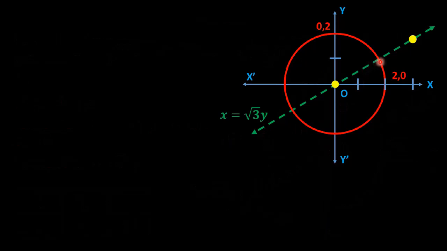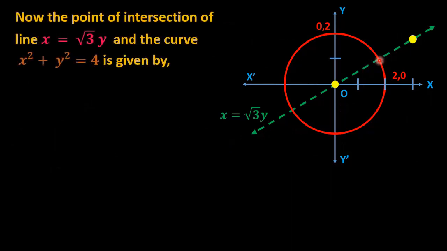Now we need to find the point where the line and the circle intersect. The point of intersection between the line x equals root 3y and the curve x square plus y square equals 4 is given by the following. What we do here is put this value for x, which is root 3y, in the equation of the circle, and then we solve to get the points.